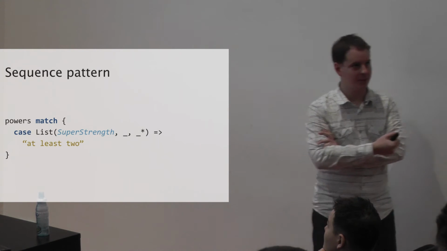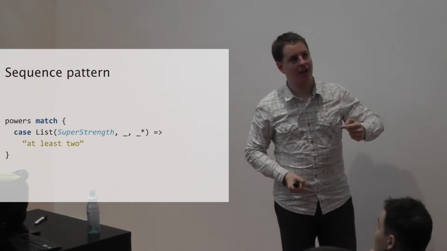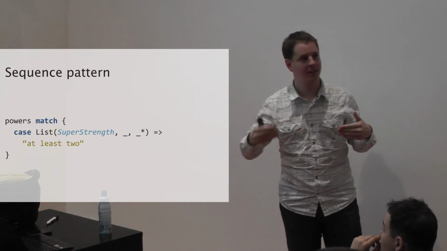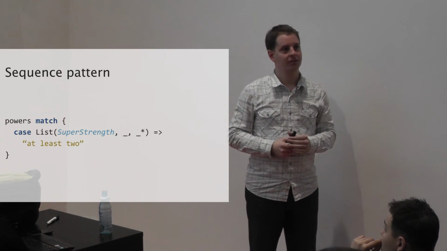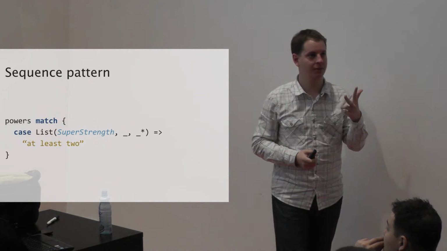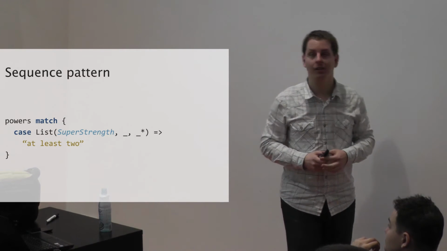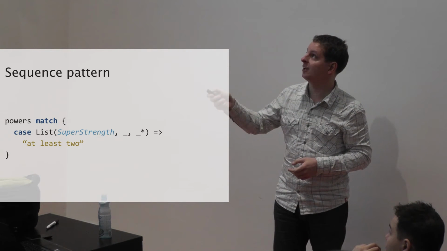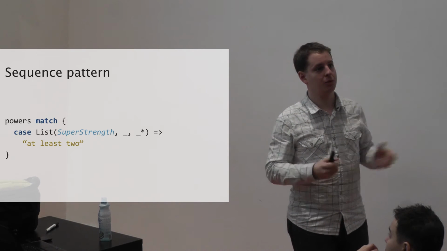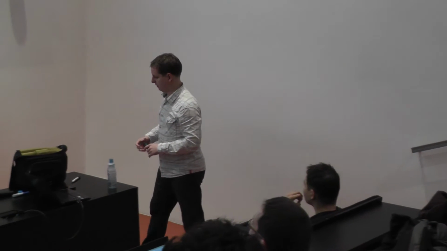But the constructor pattern matches the arguments of the constructor one by one, and it's a fixed number. So if you have a superhero which has three parameters, you may use only three patterns. But in the sequence pattern, you may use any number of patterns which matches any number of elements. So in Scala, it is not possible to have a constructor with a variable number of arguments? It is possible.